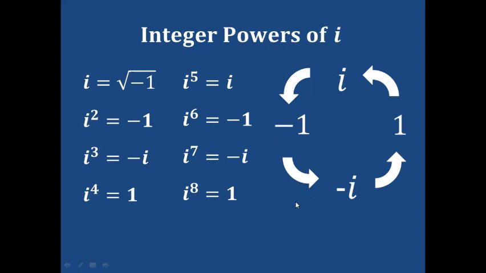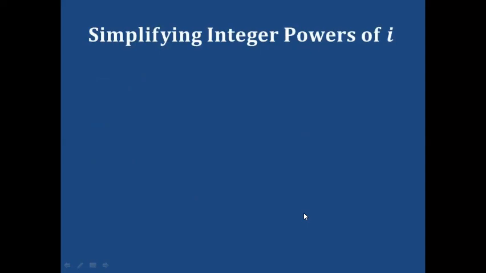So let's go ahead and check out an example. Suppose we have i to the power 22. So we may ask ourselves, how do we simplify this? Well, to do so, we can just begin with power 22 and just divide that by 4. So we determine the number of cycles that we would need to go in order to get to the 22.